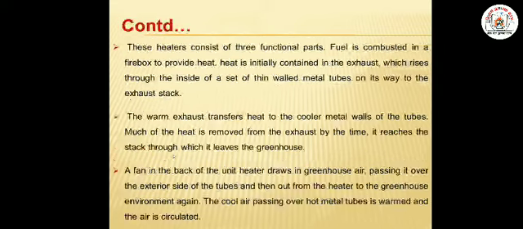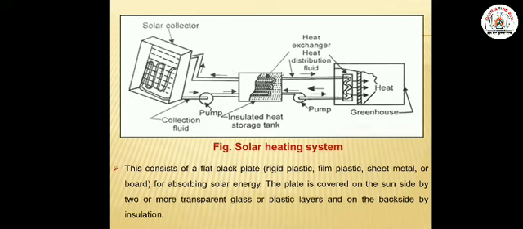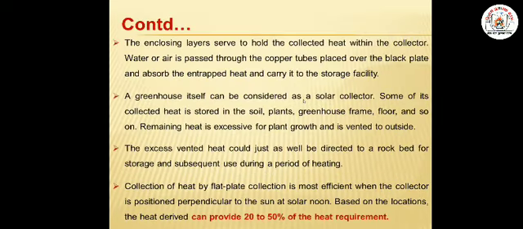Next to that is the solar heating system, which is becoming more popular nowadays. Okay, different components of such a solar heating system are the collector, exchanger, and the pumps. Then we have studied the working of that solar collection system.